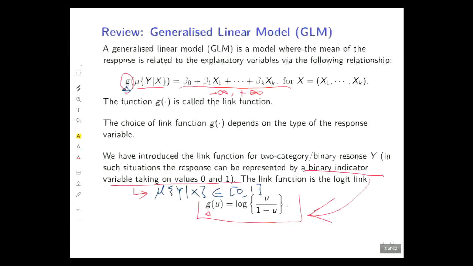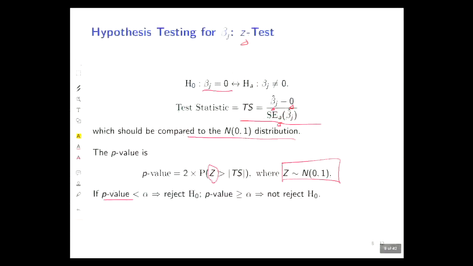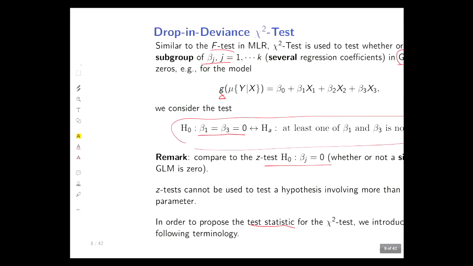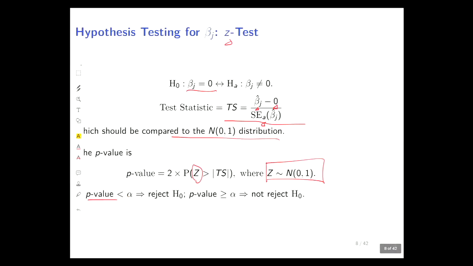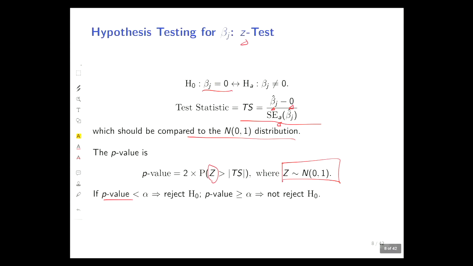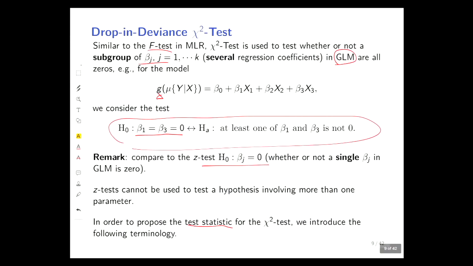In this topic, we mentioned the z-test and the drop-in deviance chi-square test. The difference is that the z-test can only be used to test one coefficient, as you can see from the null hypothesis. But the drop-in deviance test can be used to test several coefficients.